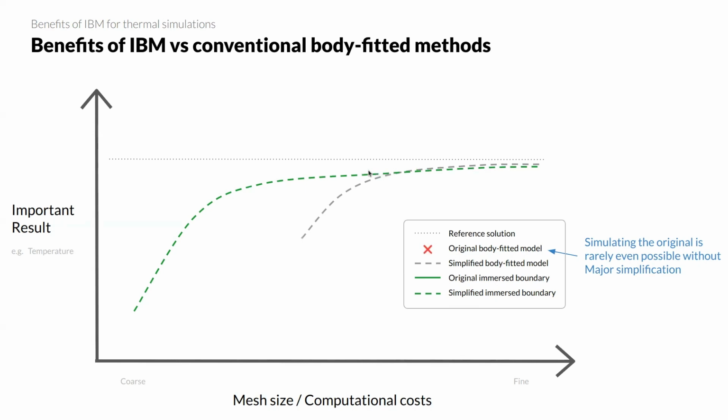But what we can now do is we can already run simulations on much coarser levels, and we can get better results for very coarse simulations because we can target the mesh resolution at the areas where it matters most, instead of adding elements where geometrical details require to do so. So that's already a benefit, but it's still the simplified model.